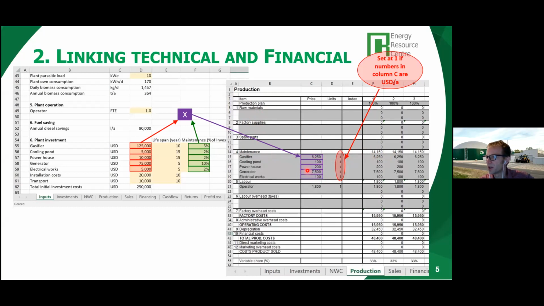In this case, we have the total annual cost already in the sheet, so we just say that there's one unit for each of them, so the two are multiplied and automatically arrive at the desired annual cost. And it goes for the maintenance of the gasifier, for the maintenance of the cooling plant, of the powerhouse, the generator, electrical works, etc.